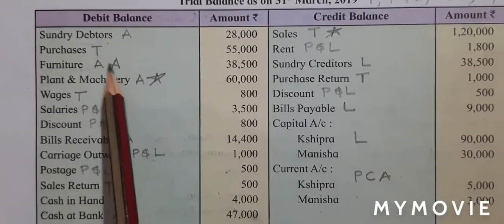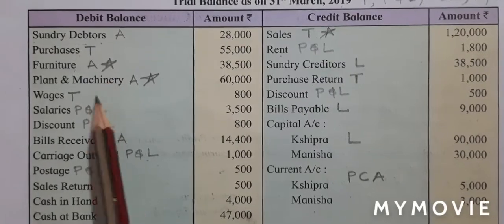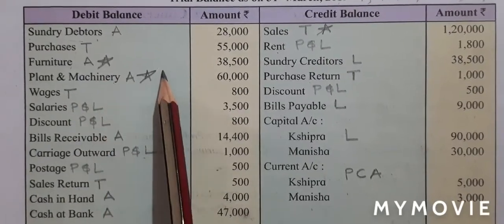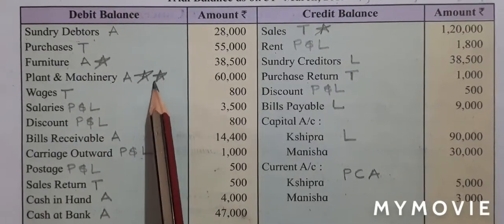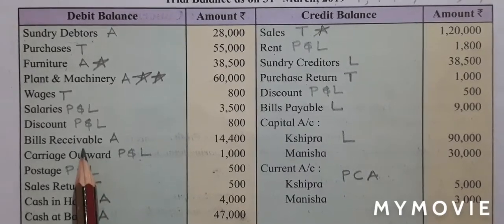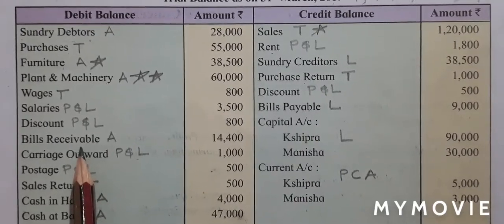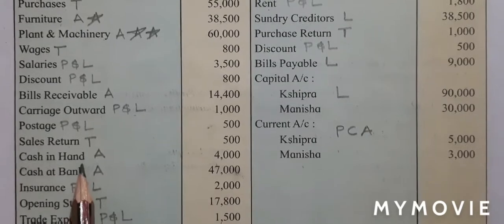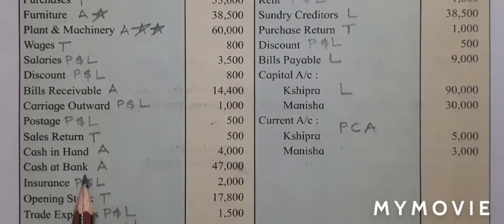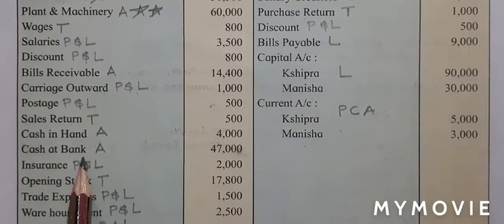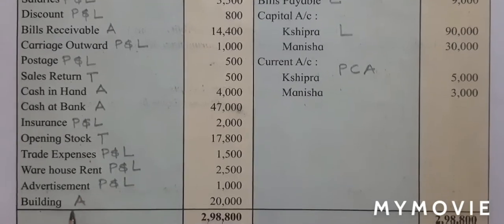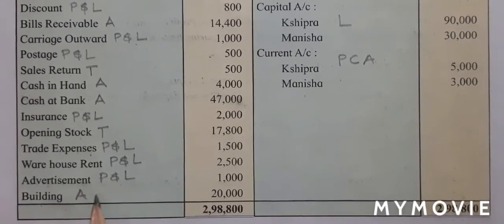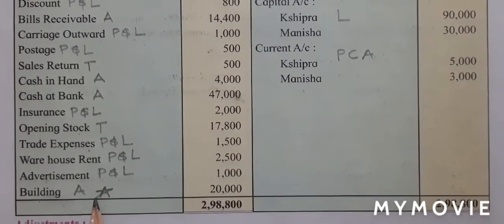Furniture is my fixed asset, so I'll mark a star. Plant and machinery is also my fixed asset, so I'll mark a star. Bills receivable is my current asset, so I will not mark a star. Cash in hand, cash at bank is also my current asset, so I will not mark a star. And building is my fixed asset, so I'll mark a star.